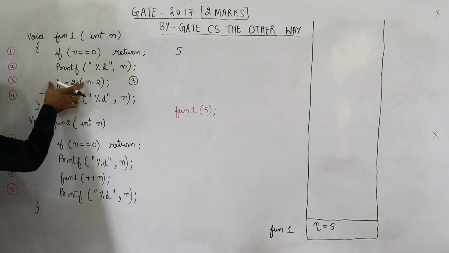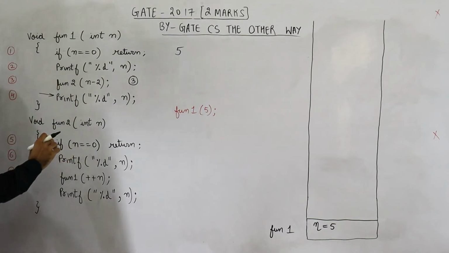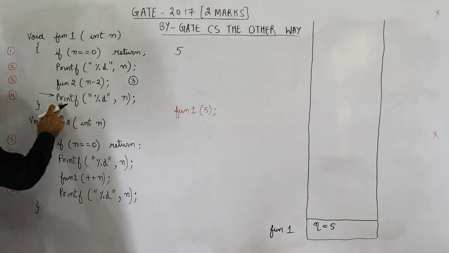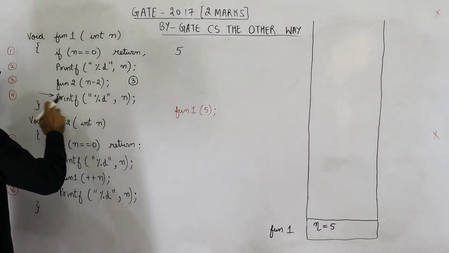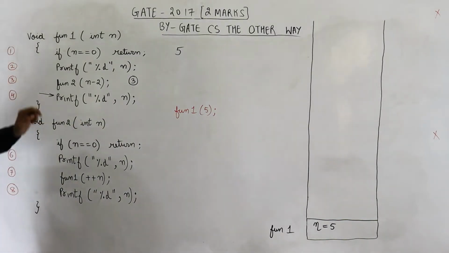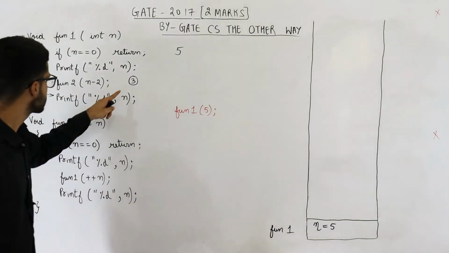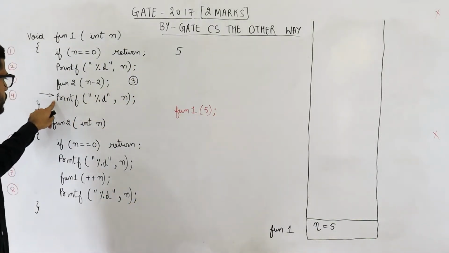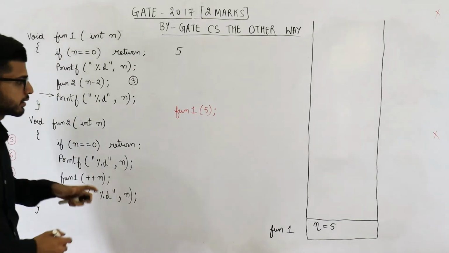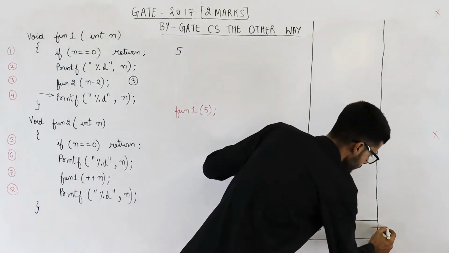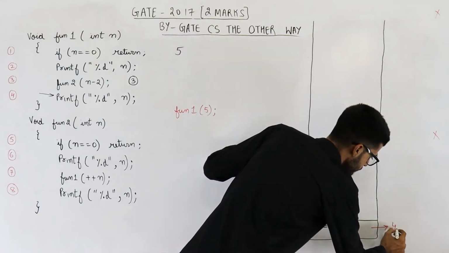That means when this function call is completely executed, after returning back, you have to execute this print statement. So this is line number 4. I'm trying to remember that after executing fun2, I have to resume the execution of fun1 from line number 4. So I'm writing 4 here.